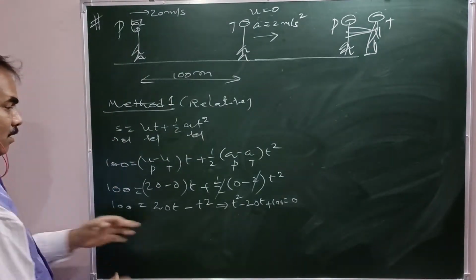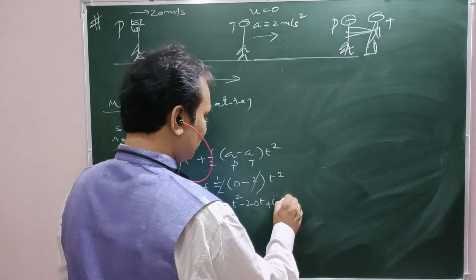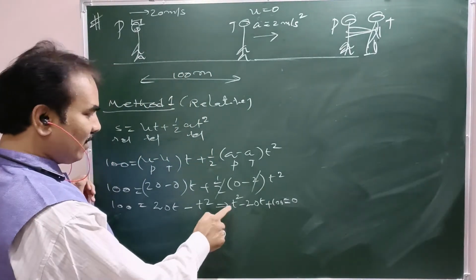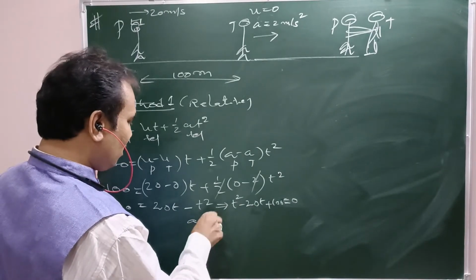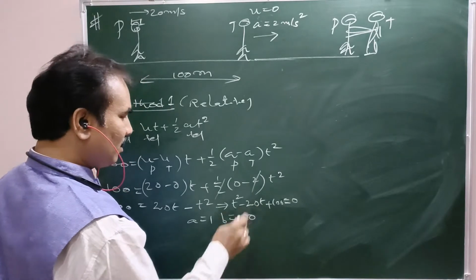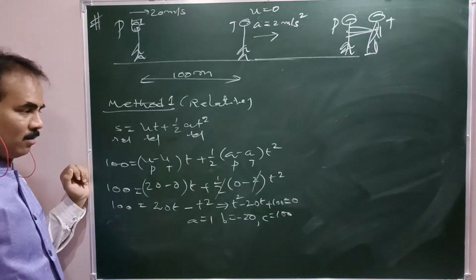This is a quadratic expression. Here, compare with ax square plus bx plus c. So here A is 1, B is minus 20, C is 100. Now how to find the roots for time?